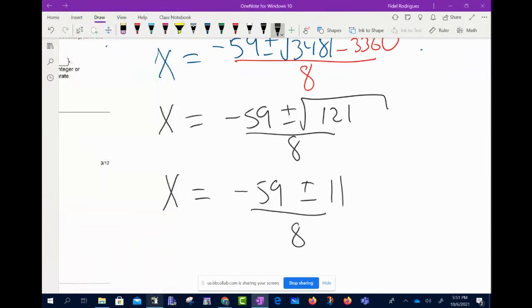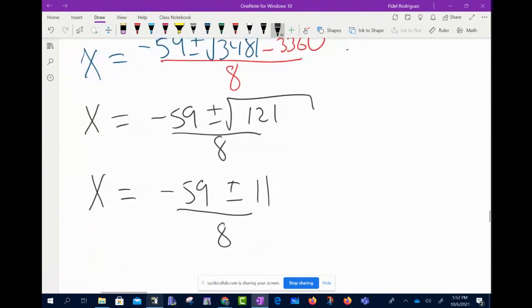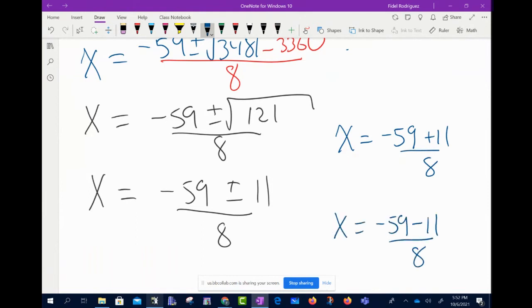That's 11. When I get to this step, y'all, this is where I'm going to write out my two answers. One of them is going to be negative 59 plus 11 over 8, and the other one is going to be negative 59 minus 11 over 8.